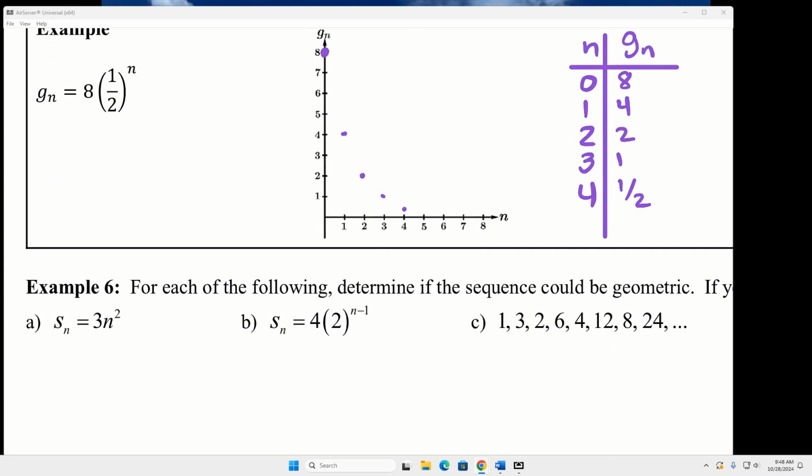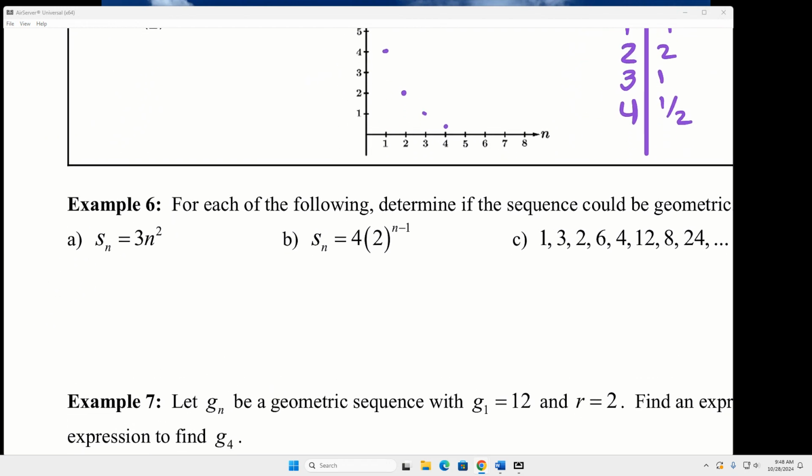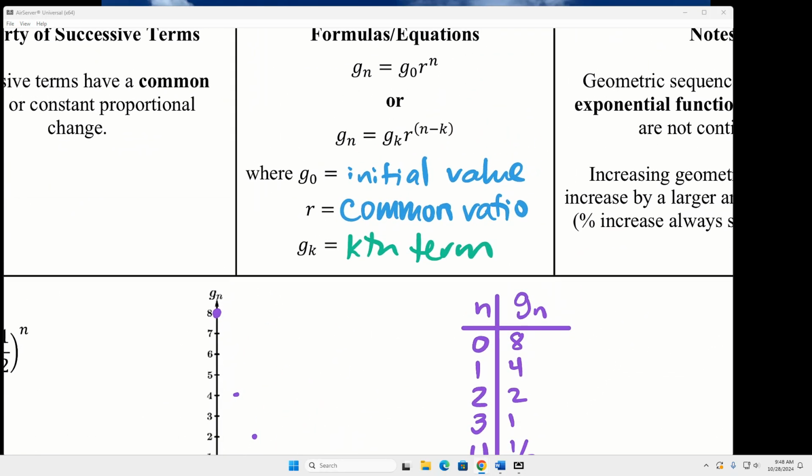All right. Then the next example, we are going to determine if the sequence is geometric. On your assignment, it says to determine if the sequence is arithmetic, geometric, or neither, but for our notes, we're just going to decide if it's geometric. When it's in equation form, I just look back at the equation for a geometric sequence.